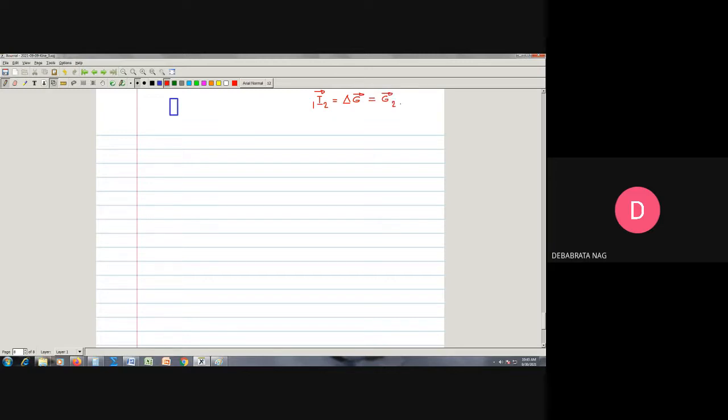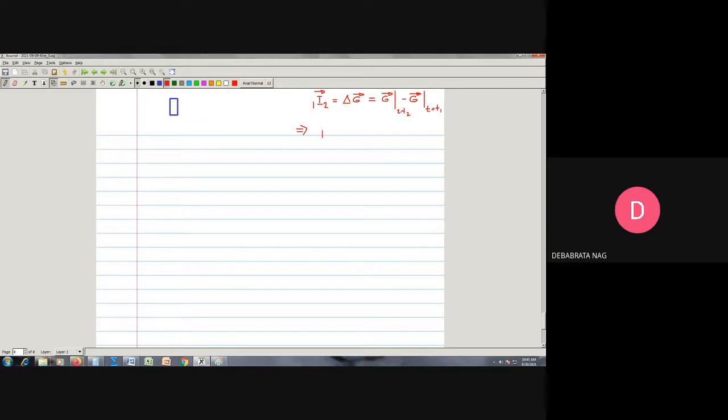And we can write this as G2 minus G1. That means G at time 2, G at T equal to T2, and this is G at T equal to T1. Okay. So we can write this equation in this manner also.